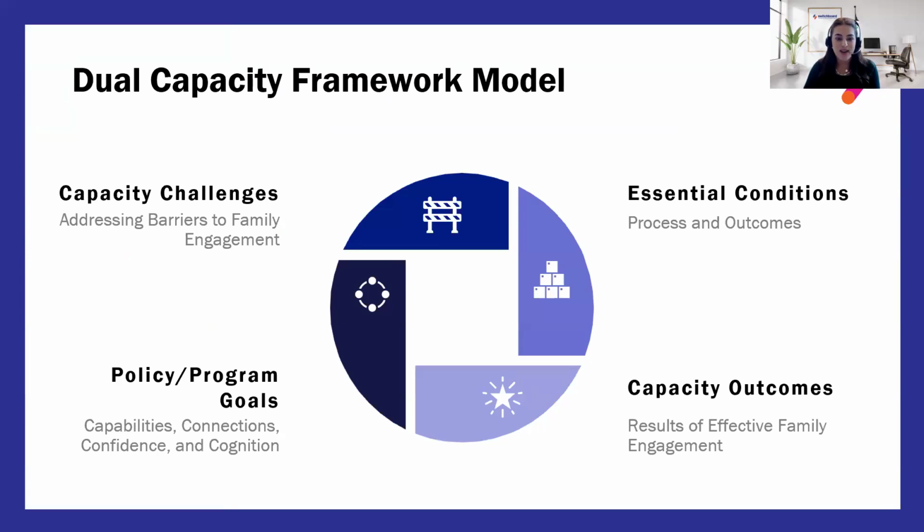All right, so this is the dual capacity building framework, sort of the layout that we have. Again, this framework has become a very influential model through the years because it's research-based and evidence-based, specifically on how to support the development of successful family engagement strategies, policies, and programs.